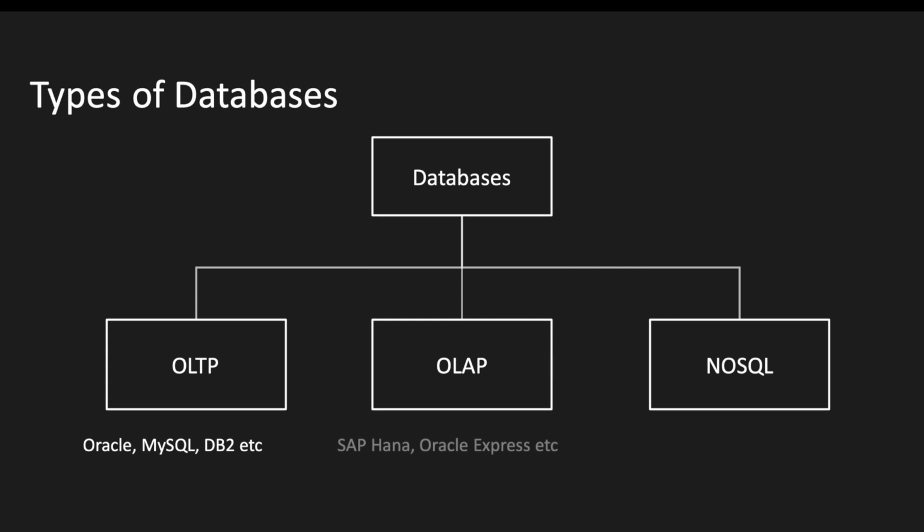The examples of OLAP databases are SAP HANA, Oracle Express, etc. In case of NoSQL, NoSQL is an alternative to SQL databases. These are non-relational and do not require a fixed schema. These are capable of huge storage with high scalability. Examples include Cassandra, MongoDB, etc.